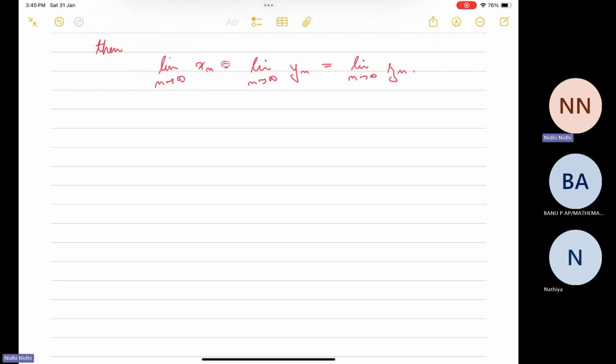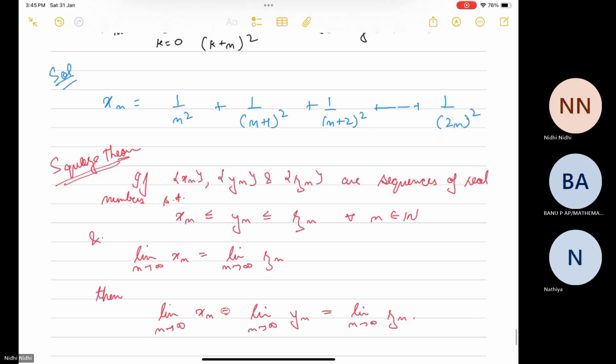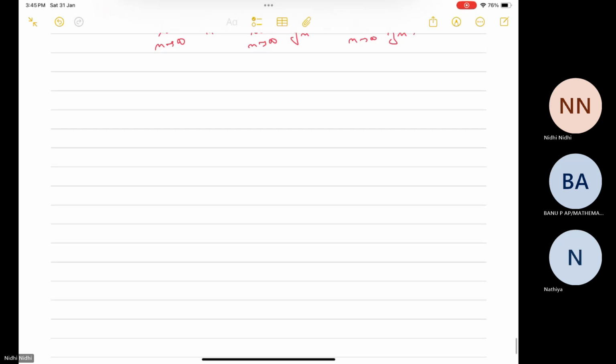Okay, so we had xn equal to 1 by n square plus 1 by n plus 1 square, and so on up to 1 by n plus n square. So we will find sequences yn and zn such that this sequence xn is in between both these sequences.